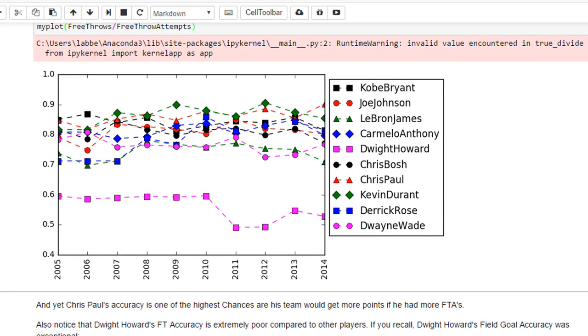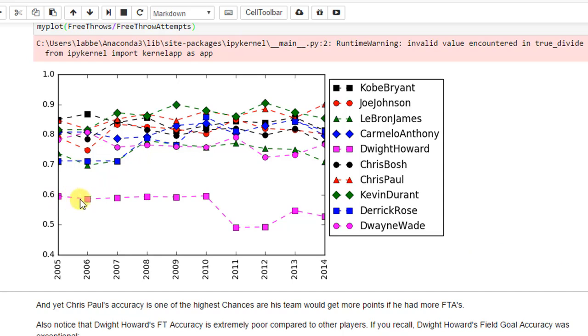But probably if he had more chances to shoot free throws, he would make more points. So the other team tries to avoid putting him in the situation of shooting a free throw. This is interesting, it's what the data is telling us.